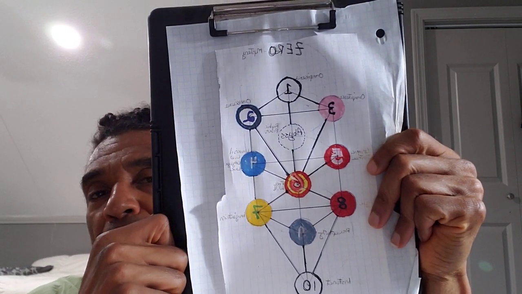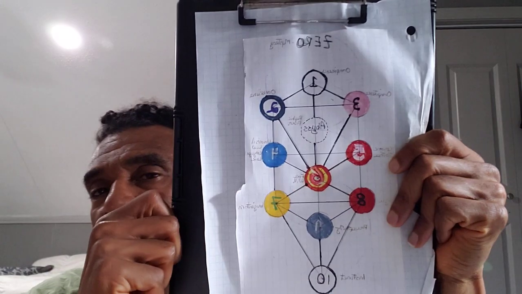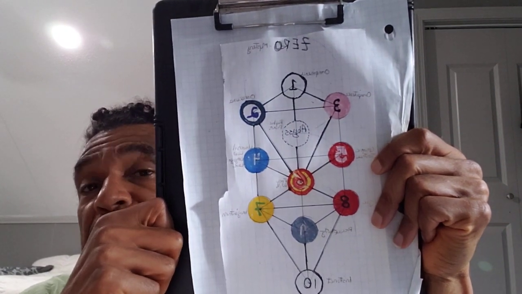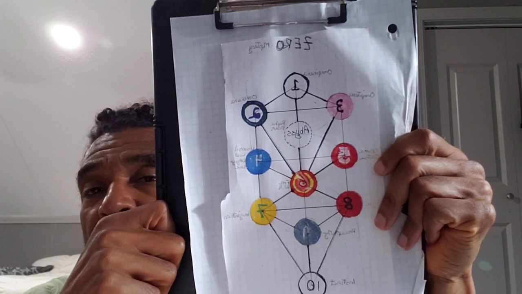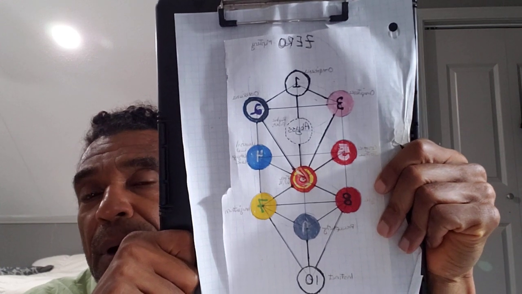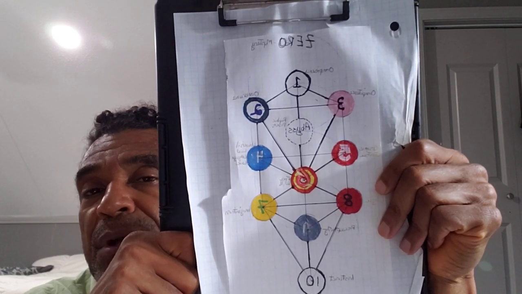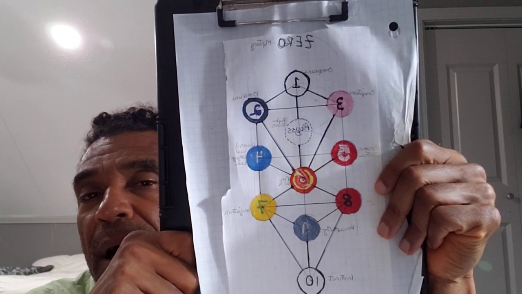And today, for number 141, we're up here in the 0 sphere. The 0 sphere corresponds to nothingness, 0. There is no 0. It does not exist in this universe.